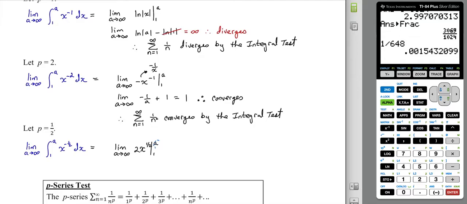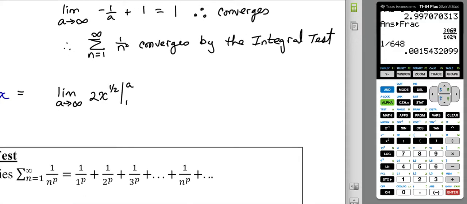Looks kind of weird, so let me fix that. There we go. So this will give us 2 radical a, minus a 2 radical 1, which is just a 2.